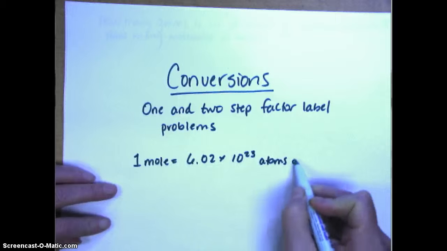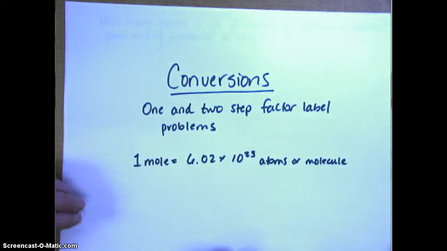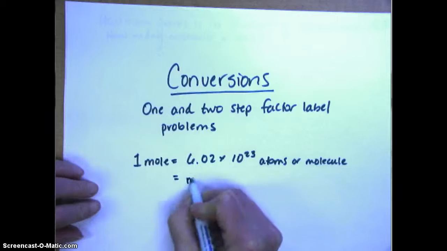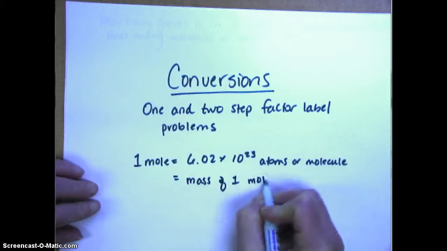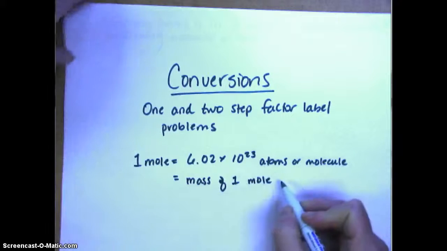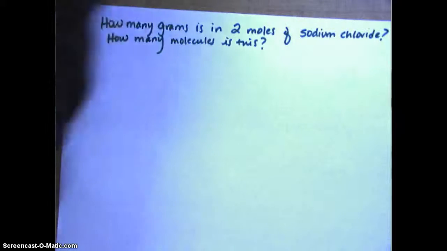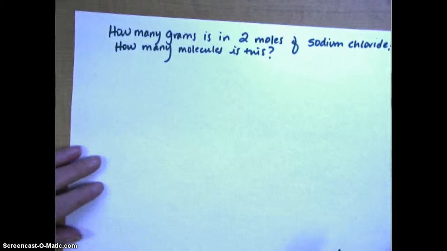A mole also is the mass of 6.02 times 10 to the 23rd atoms or molecules of that substance. So it also equals the mass of 1 mole of a substance.